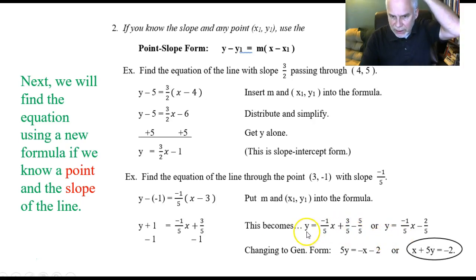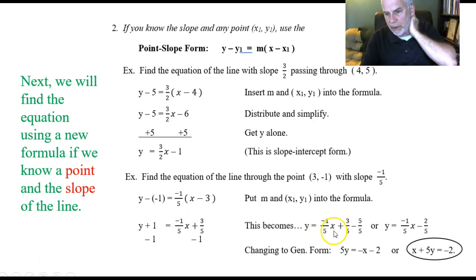And so that's what I did here. So the left side is just y, and on the right side it's equal negative 1/5 x. And then we have 3/5 minus 1, which is 5/5. So if I have 3/5 minus 5/5, I get negative 2/5. So the equation is y equals negative 1 over 5x minus 2/5.